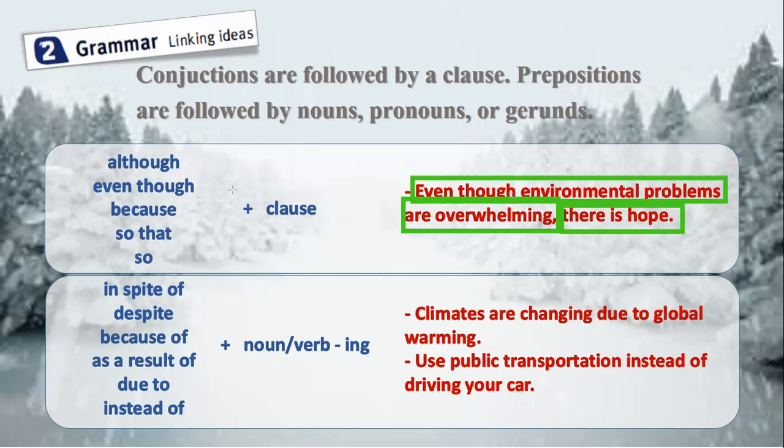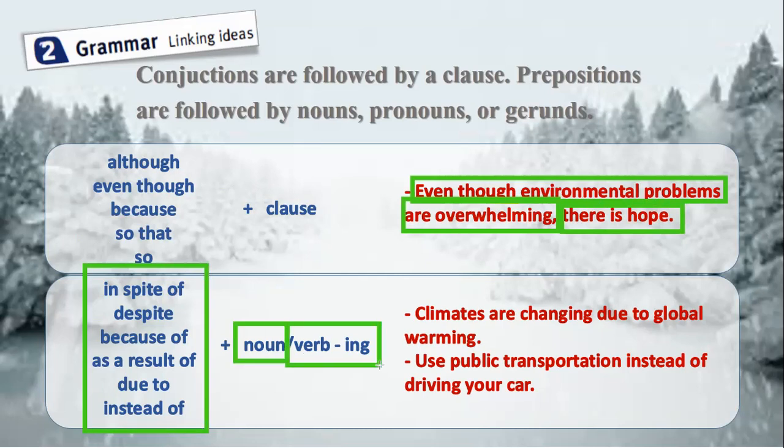Now, prepositions. Prepositions are followed by a noun or a verb with ing. What is a noun? Global warming, for example. In this case, global warming is our noun. The noun can be a table, a tiger, a person, a computer. Those are nouns.